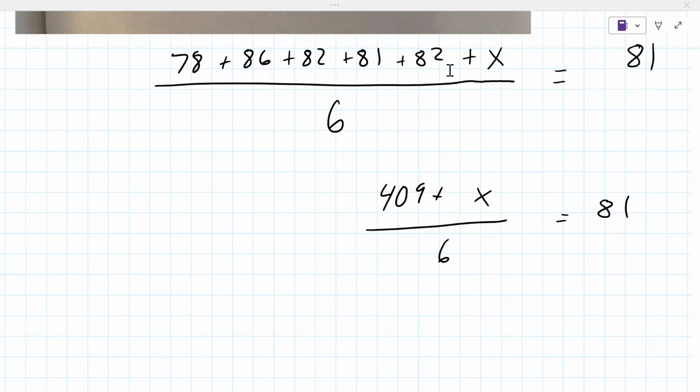Let's just say you think the score is 81. 409 plus 81 is 490. And then 490 divided by 6, is that 81? No, it's not. It has to be exactly 81.